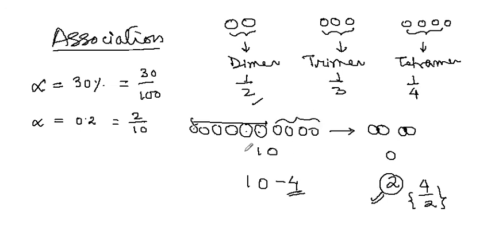So let's take the concentration as C for the 10 molar. For the 10 we have the C, so we can write it as C minus C alpha.